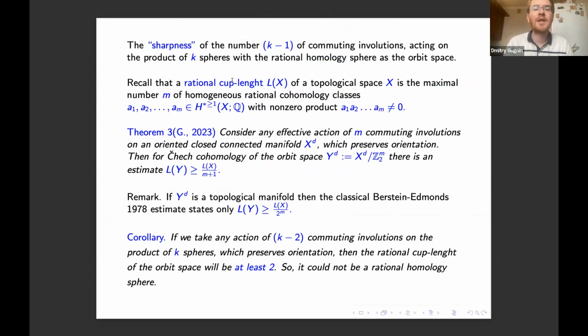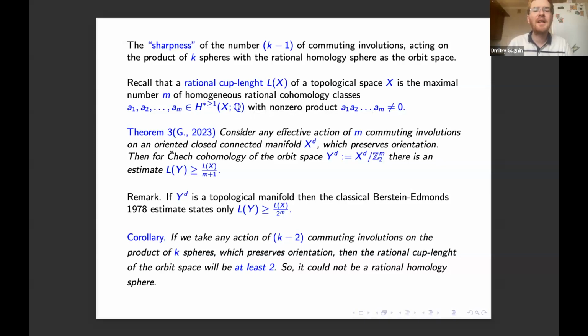Recall that the rational cup length of a topological space is the maximum number m over homogeneous rational cohomology classes, here of degrees at least 1, with non-zero cup product. And here's the theorem.